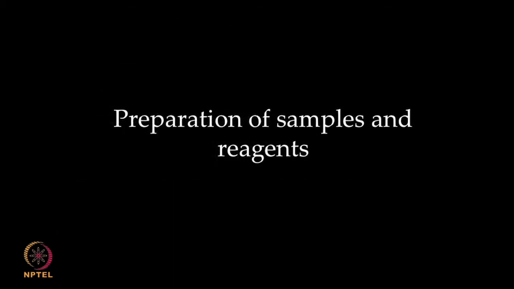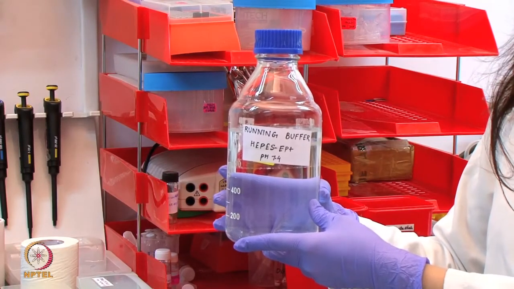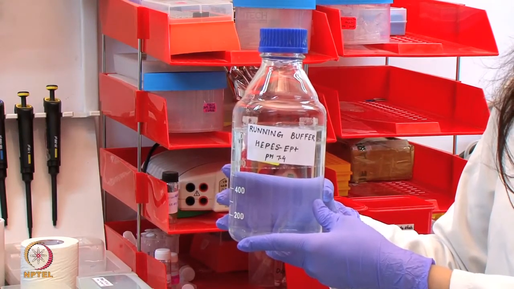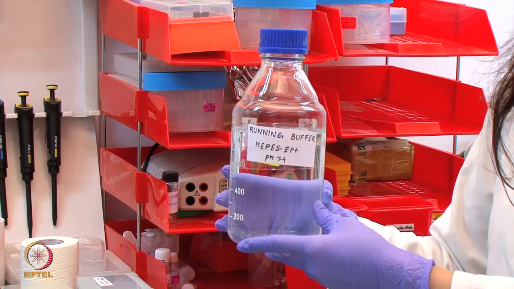We will now work on the reagents required for the kinetic interaction analysis between anti-beta 2 microglobulin and beta 2 microglobulin. Once again, we will be using HBS-EP Plus as the running buffer, which will also be used for the initial startup cycle.